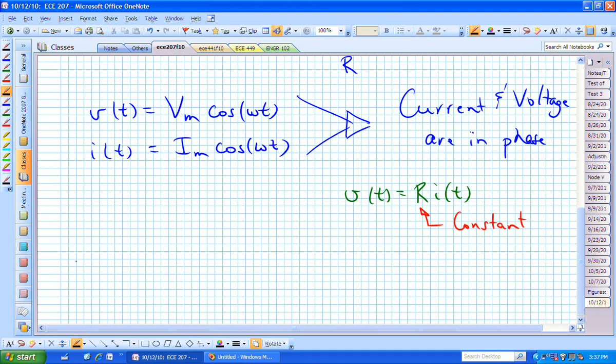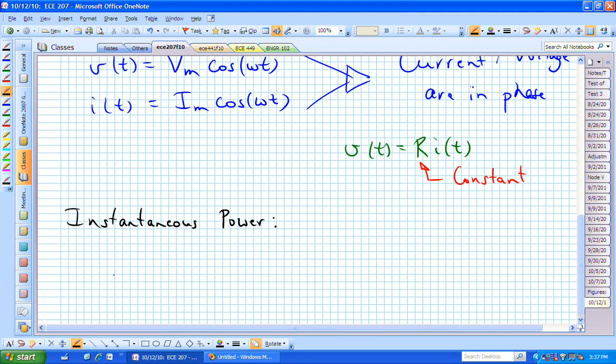What's our instantaneous power in that resistor? There's a lot of different formulas for the power, isn't there? Instantaneous power for a resistor.